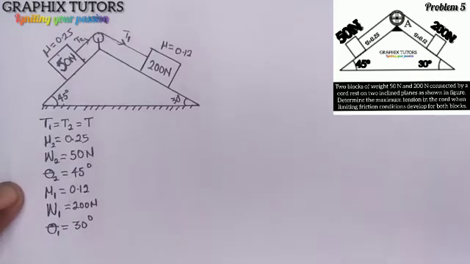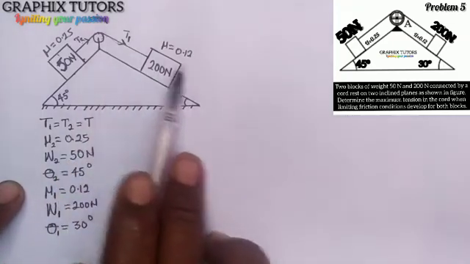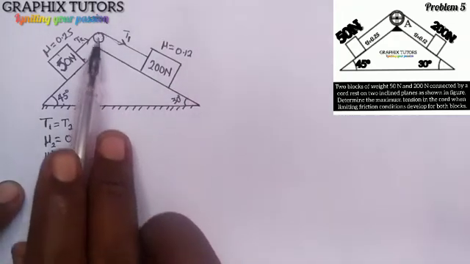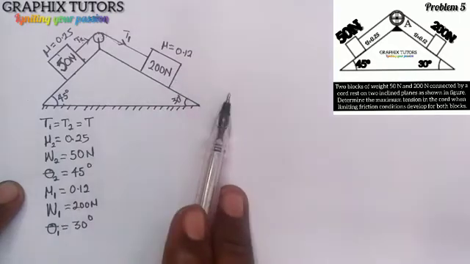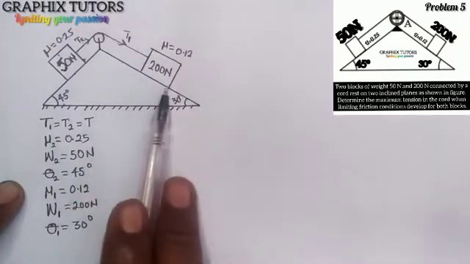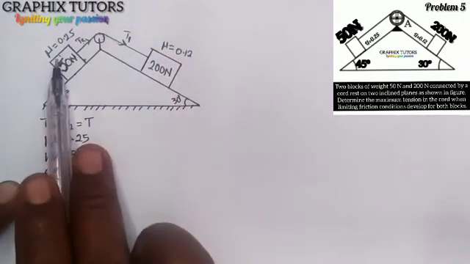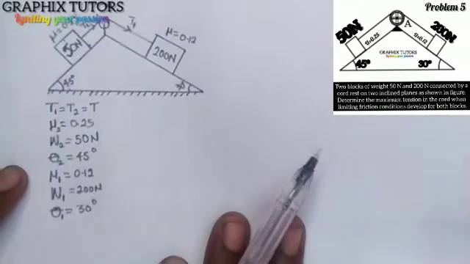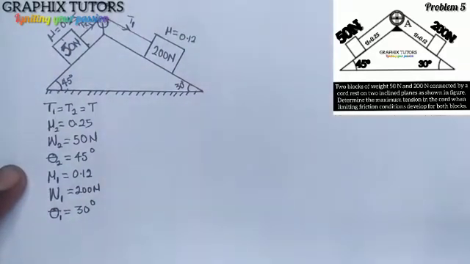Now let's see what will happen. From here we want to consider this side because we assume that the block is moving in this direction, since the weight of this block here is bigger than this one. So we consider the 200 Newton block. Let me do it here.